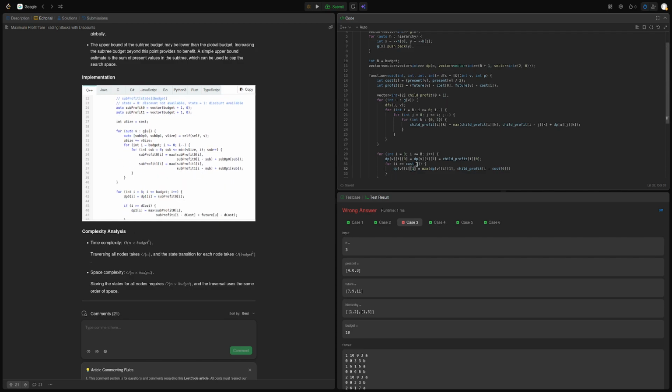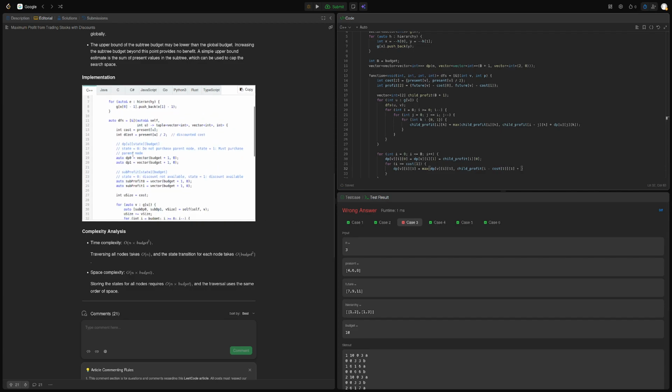So if my parent bought, then max profit with budget I at vertex V, if my parent bought, is that, well, I subtract the cost needed for this and I get it. That's this pair, this one bought, and then we add profit or not profit.